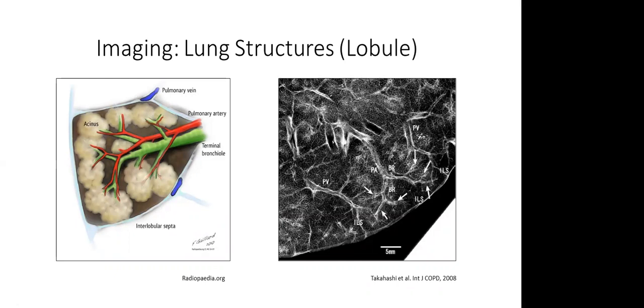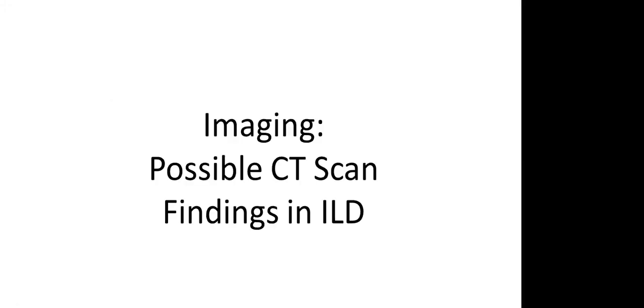Then you might see interlobular septal thickening, a pretty common finding on CT scan that could tell you that. Here's an example where the interlobular septa are about half a centimeter apart, so you can actually see them on CT scan. Anything smaller than the lobule is too small to really be defined on a CT scan.